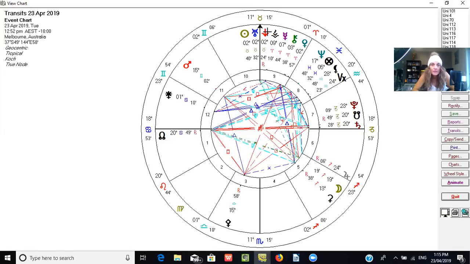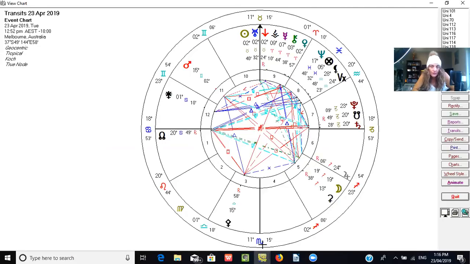So you can see my chart here because I'm sharing my screen. This is just a chart for today, by the way. Just to give you a visual, if you look up here, Aries is right up the top on the 9th house cusp, and we've got Venus and Chiron and Mercury and Vesta all there in Aries. So those energies are quincunx this Scorpio energy down here.